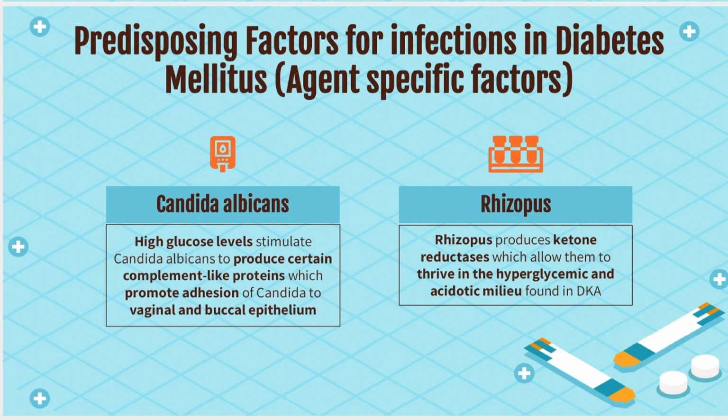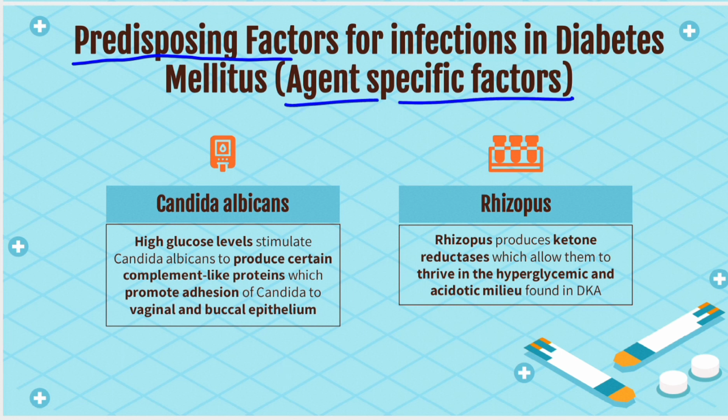Now let's discuss a few predisposing factors for infections in diabetes, and these are agent specific factors. The first agent in diabetic infection is Candida albicans, which is a fungal infection. In an environment of high glucose level, Candida albicans stimulates the production of certain complement-like proteins.